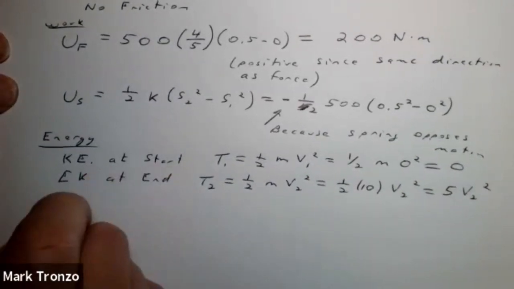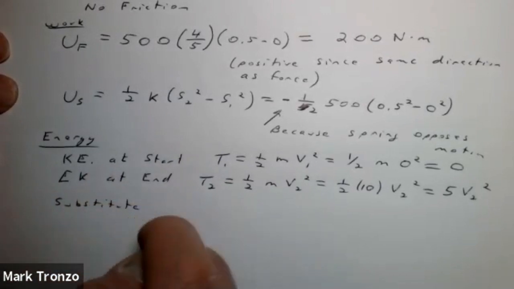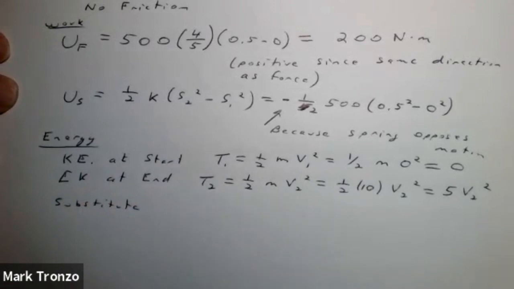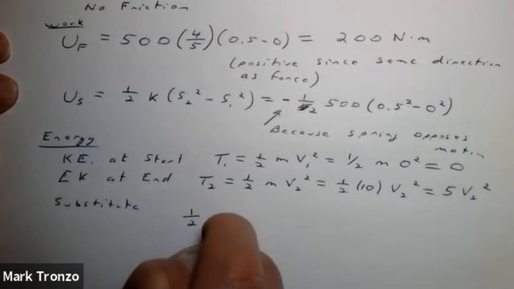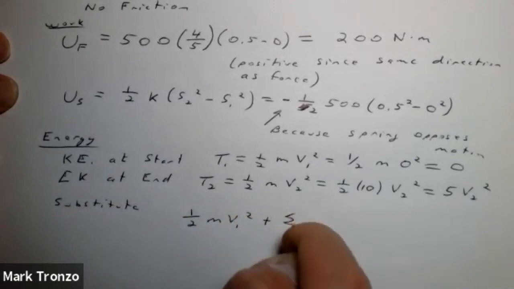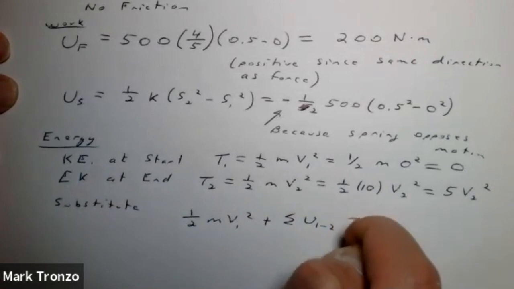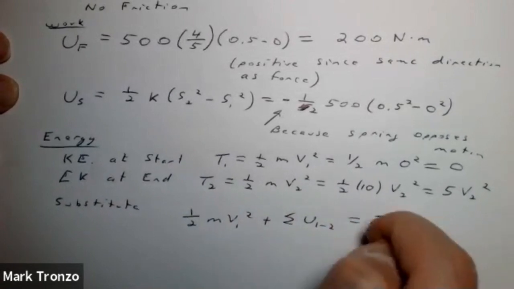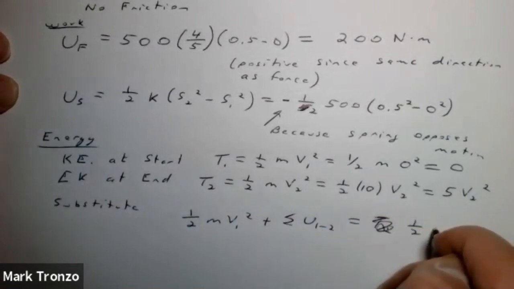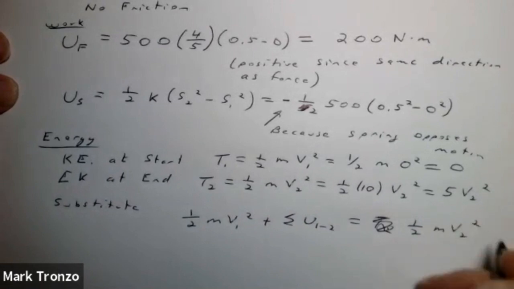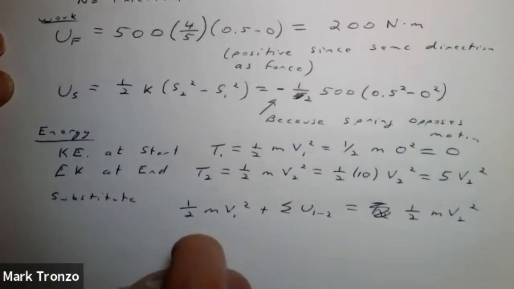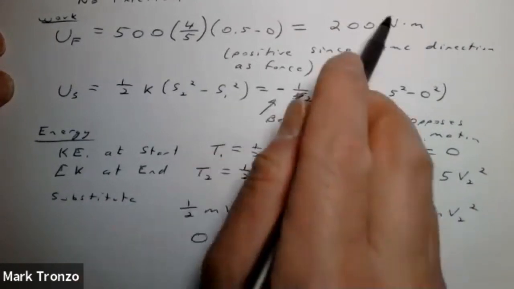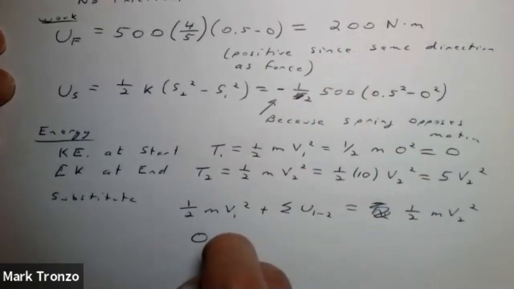And then substitute into whichever equation. I guess the last one I wrote was 1/2 m v1 squared plus the summation of the work from 1 to 2 equals 1/2 m v2 squared. However you want to write that, or if you want to put the T's in, that's up to you. So this one we said was 0, and then the work we had was 200.